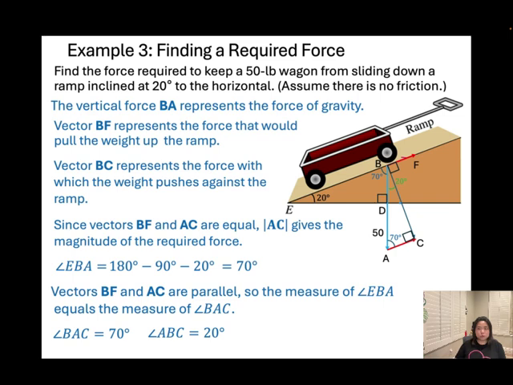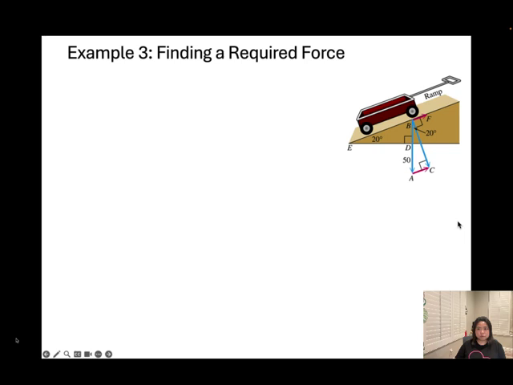Okay, right? We do have all the information. Now, we want to find the force AC here. Only consider the triangle ABC, only look at this triangle. We want to find AC. So we could use sine, right? Sine theta equals opposite over hypotenuse.